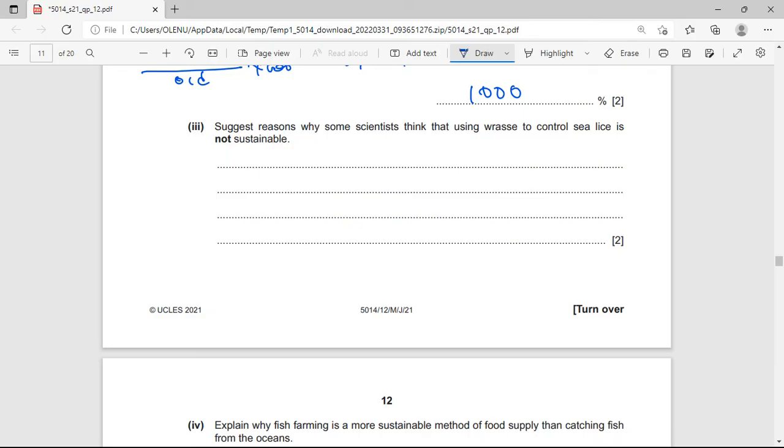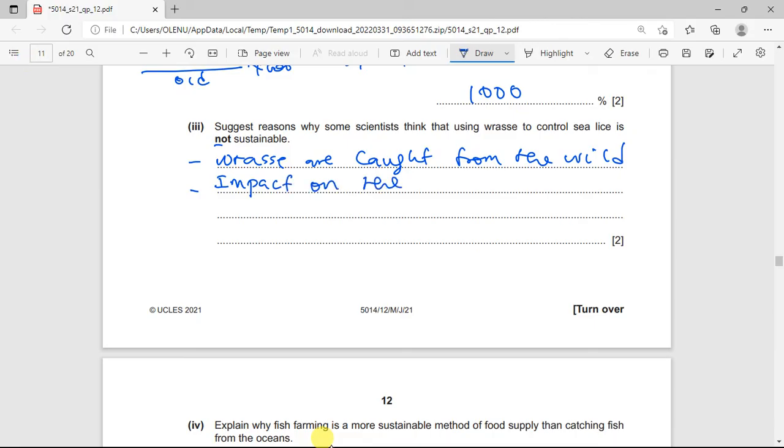It's not sustainable because the wrasse themselves are caught from the wild, and if it's caught from the wild, it also has impact on the ecosystem. That is why scientists are also complaining.